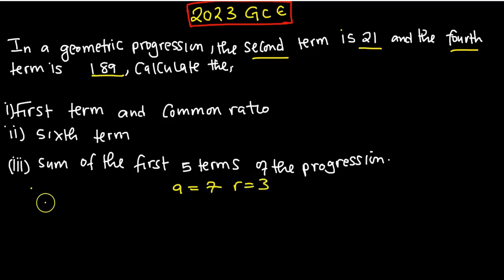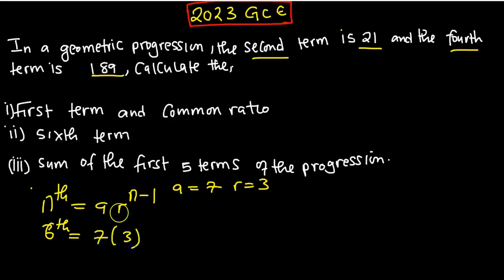So for the 6th term, we are going to use the nth term equal to a r^(n minus 1). This is term number 6 equal to what? What is our A? 7. What is our r? 3. To the power what? 6 minus 1, which is to the power 5.